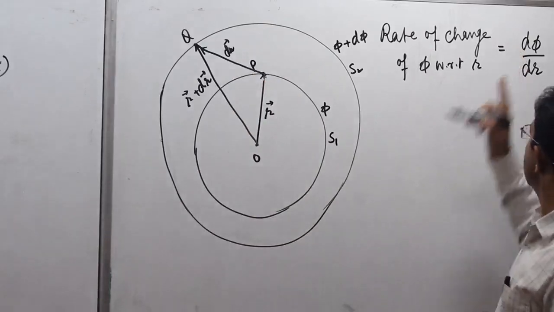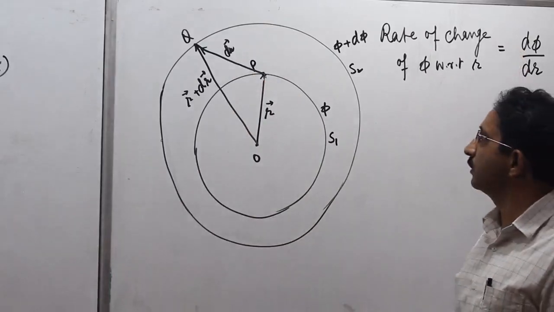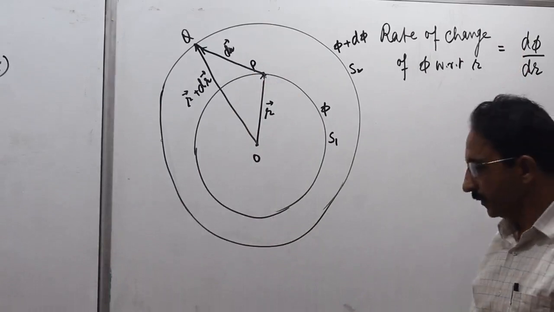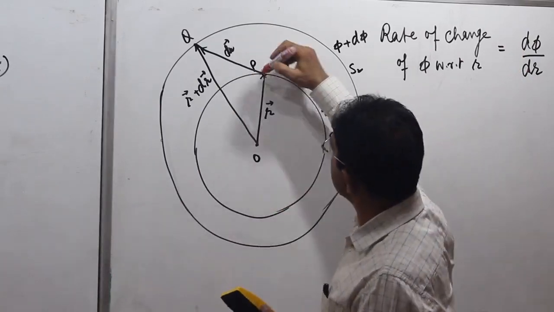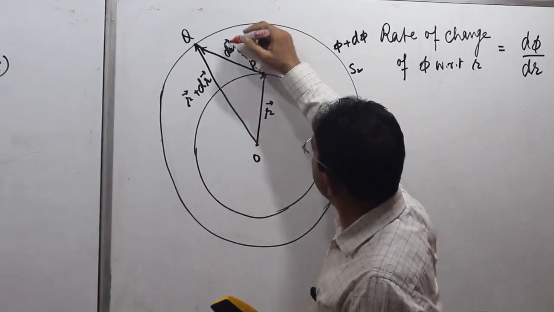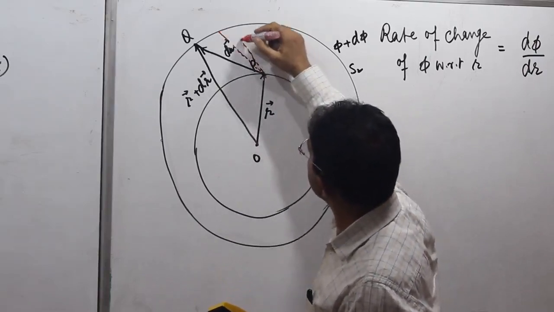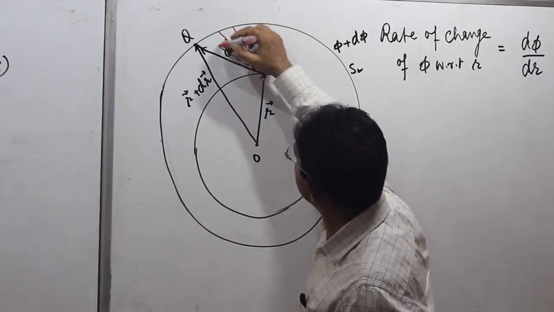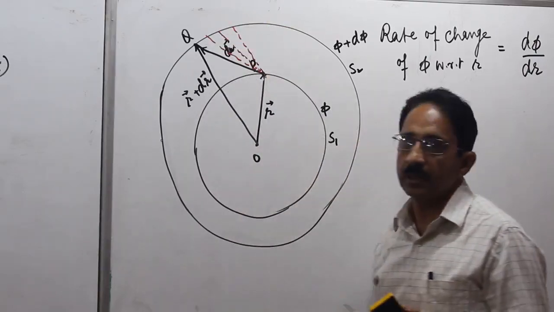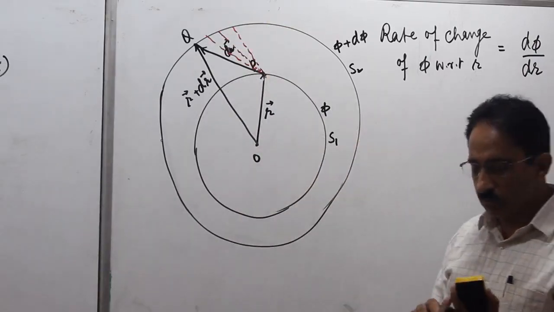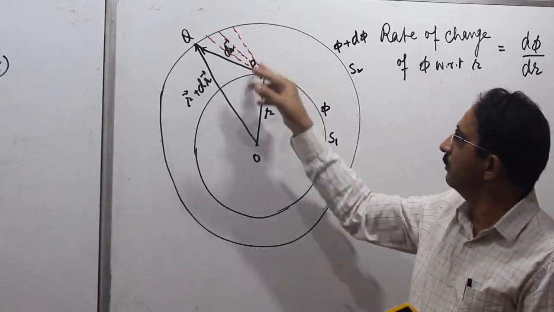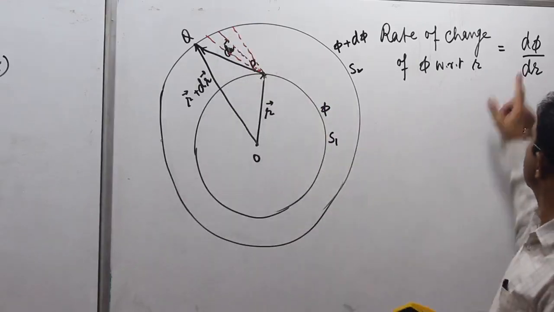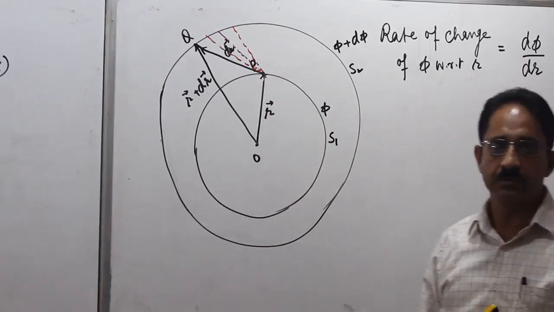Now this change of phi with respect to r is not unique. अगर हम dr की वैल्यू इस तरह से चेंज करते रहें, like I could have taken point Q here, or I could have taken point Q here, or here, तो आप देख रहे हैं कि since the magnitude of dr is changing, the distance covered between these two level surfaces is changing, this is not going to remain constant.